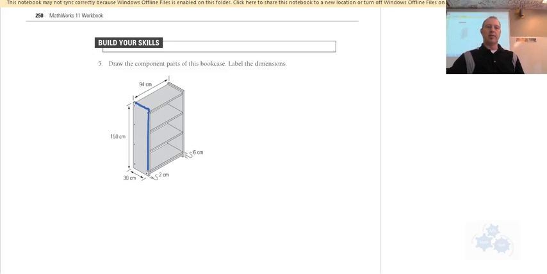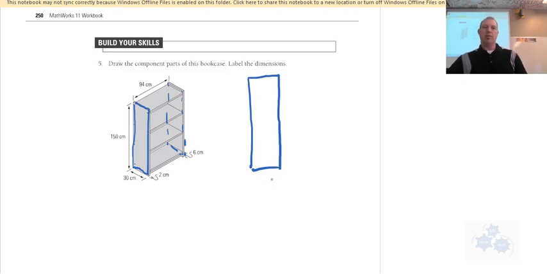Now let's start with the sides here. We're going to have two side pieces that are the exact same. And so let's draw that. Let's draw the two side pieces here. So you're going to draw them out. This is going to be 30, and the height is going to be 150 centimeters.